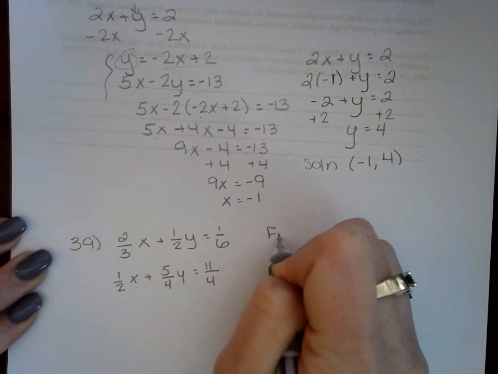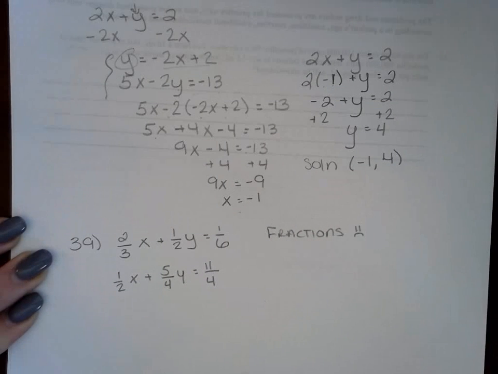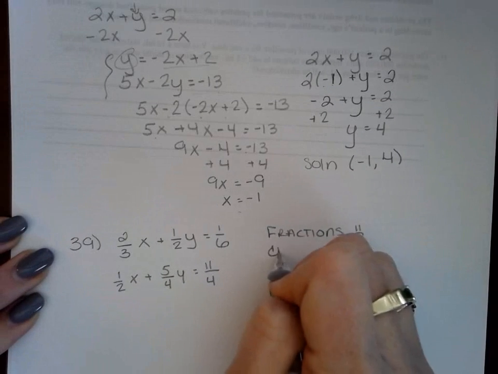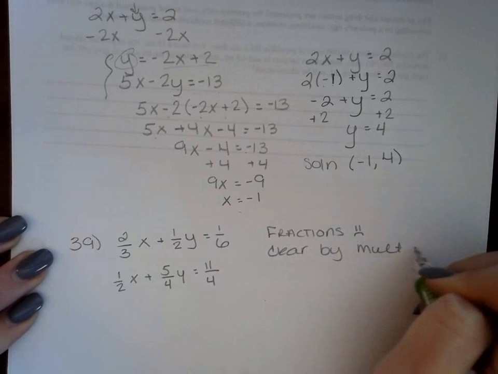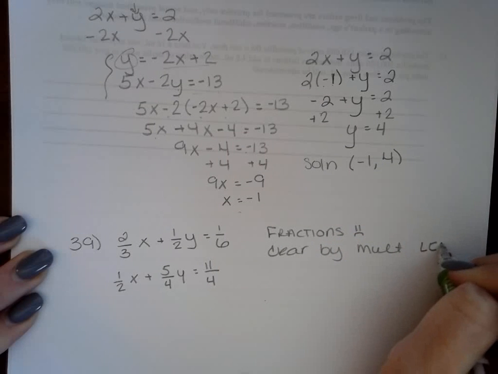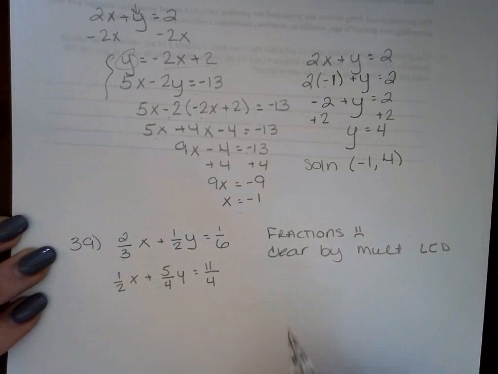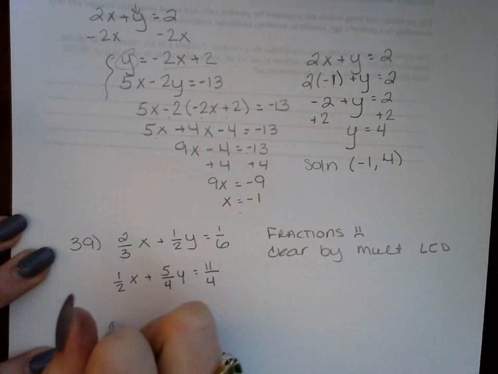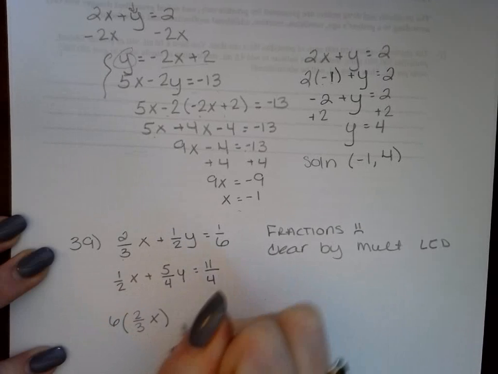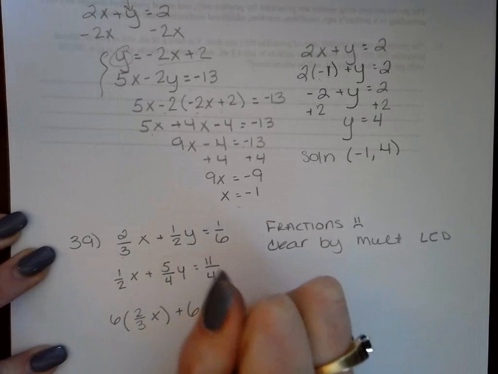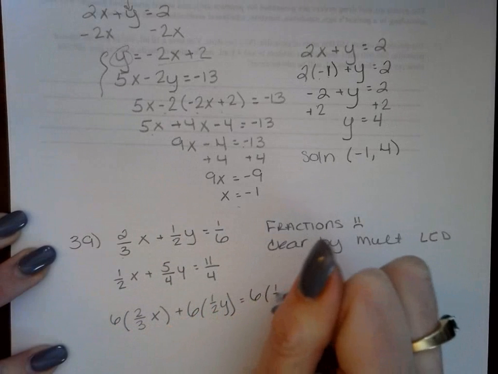So the first thing that we notice is that we have fractions. So we want to clear our fractions by multiplying by our lowest common denominator. So the lowest common denominator of 3, 2, and 6 is 6. So if I take 6 times 2/3 x plus 6 times 1/2 y is equal to 6 times 1/6.